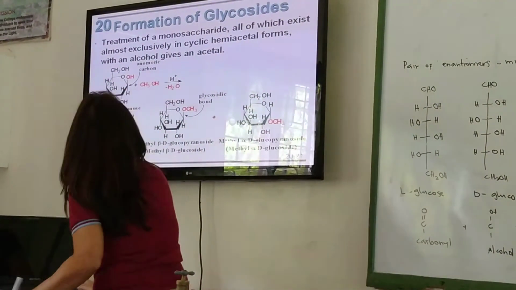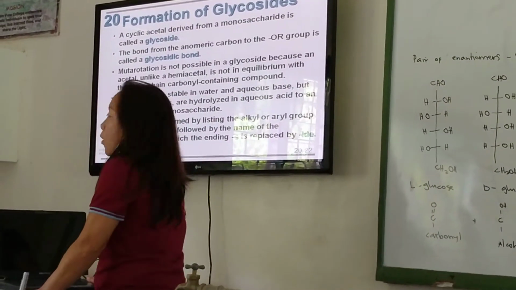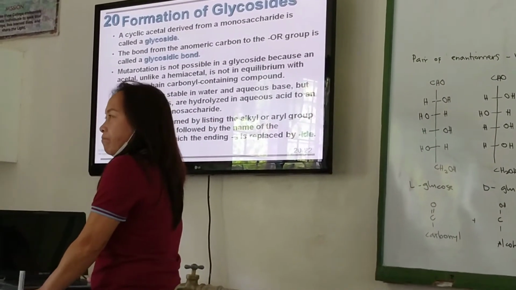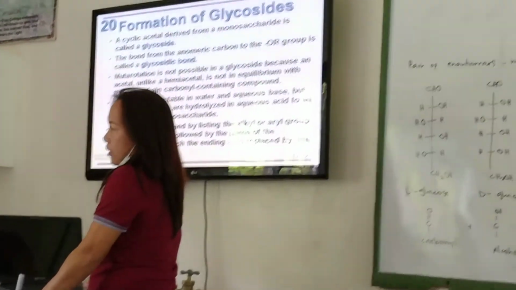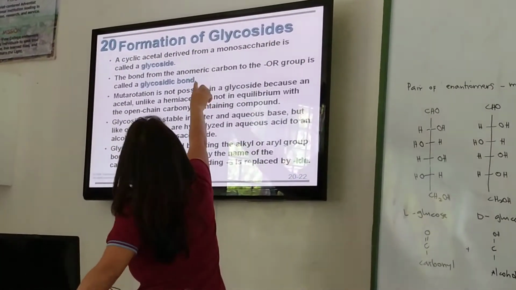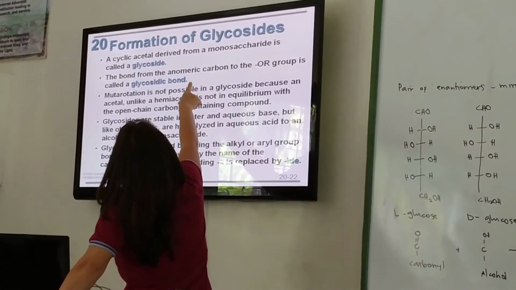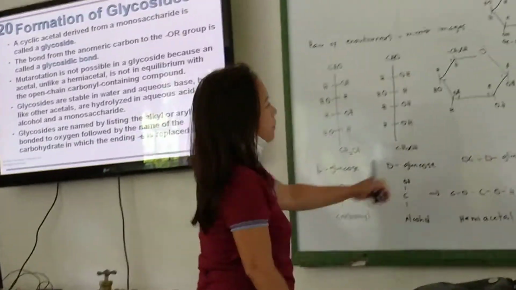So you have here the building blocks, the monosaccharides in carbohydrates, bonded together with glycosidic bond. So you have the bond from the anomeric carbon. Asan yung anomeric kani?